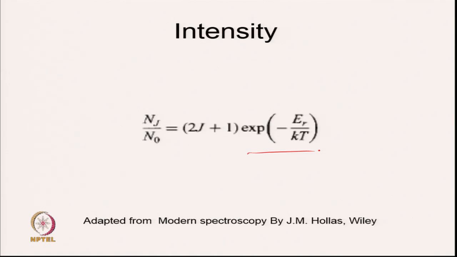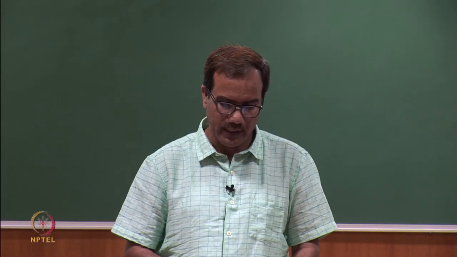But here, since there is a 2J plus 1 multiplicity, that also comes into the picture, and the population also depends on multiplicity. So, in rotational spectroscopy, both influence your intensity.